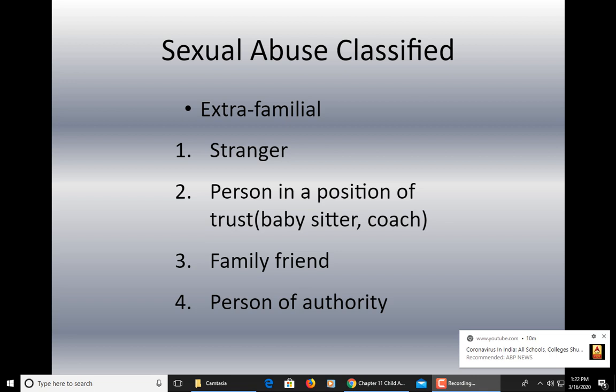Half of the abuse occurs from people within the family, half within extrafamilial. But I'll tell you right now, make sure you know this for testing purposes, that strangers is the least likely category. I'm going to have a slide in a second which is going to talk about how rare it is. But family friends, persons of authority, things like this, these are all different categories of how people get access to the children.